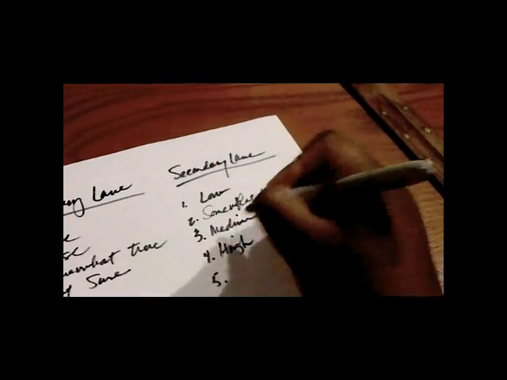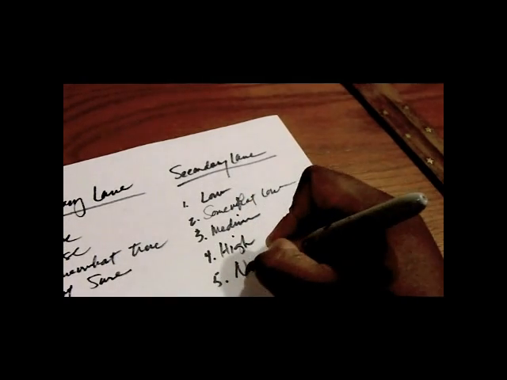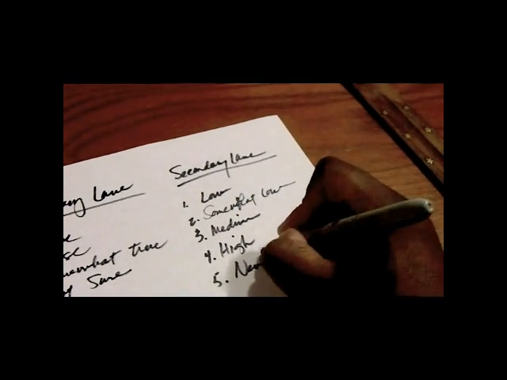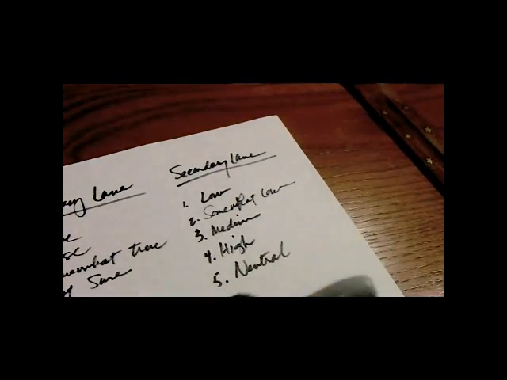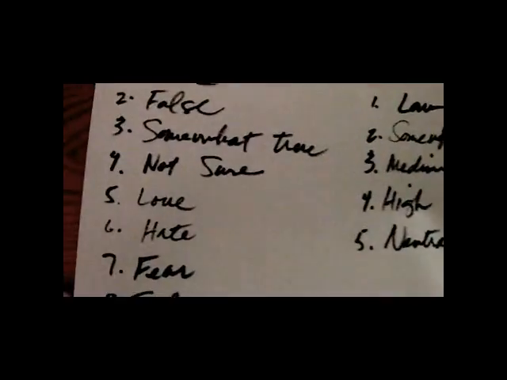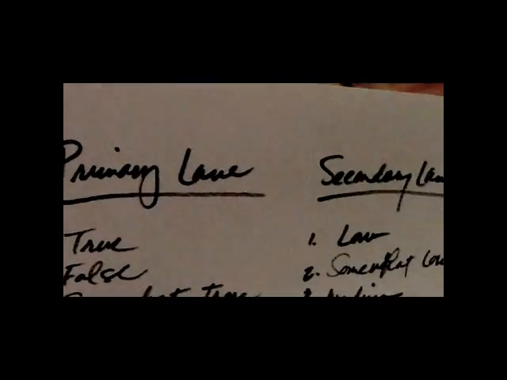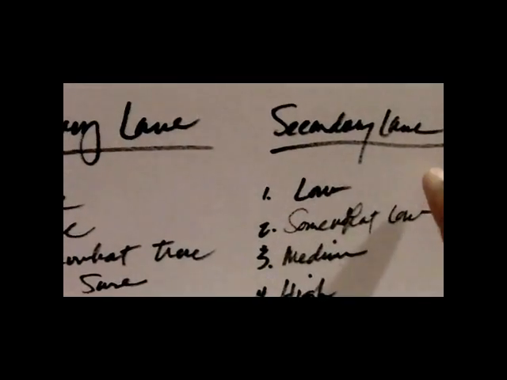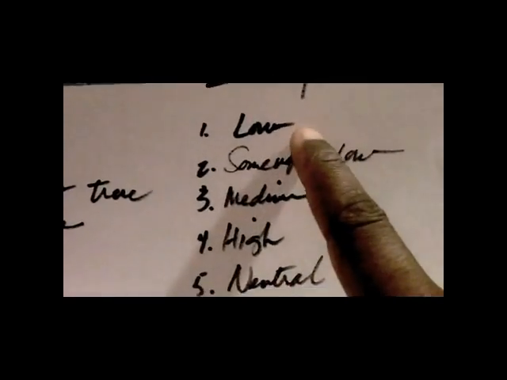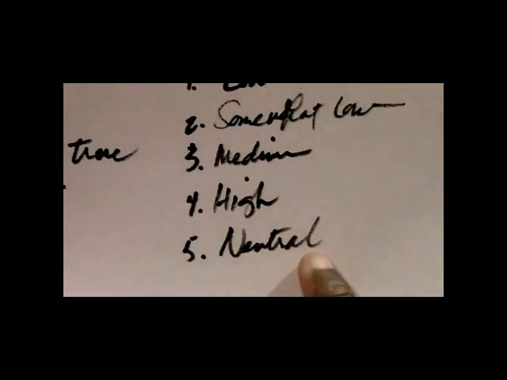I have decided that my primary lane options are going to be true, false, somewhat true, not sure, and my emotion options are love, hate, fear, sad. My secondary lane options are low, somewhat low, medium, high, and neutral.